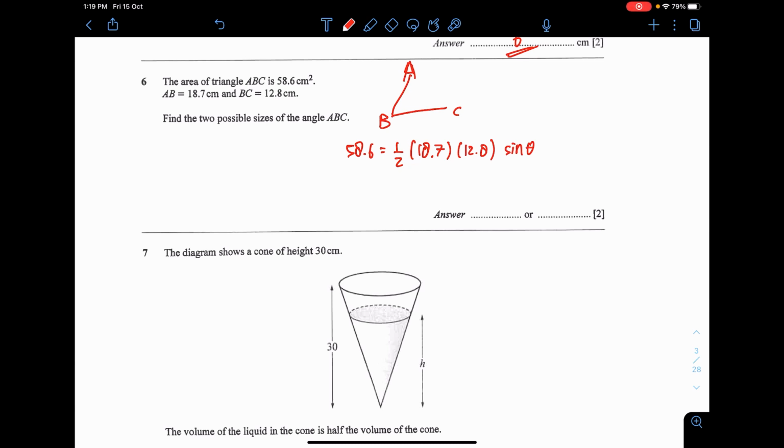Then you can make sine theta the subject: you divide everything, so it will be 58.6 divided by 119.68, and you just get your theta. Doing sine inverse, you get 29.3 degrees.